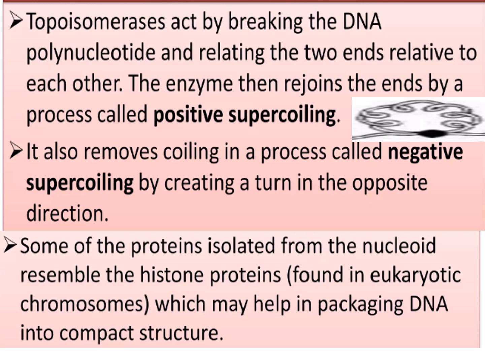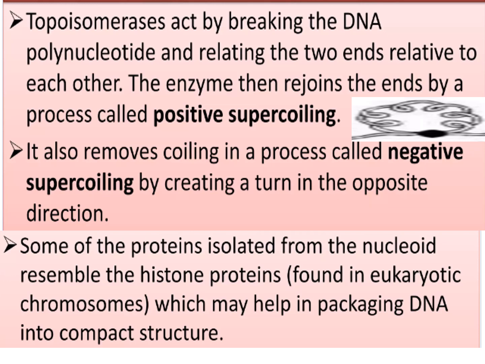There are two different kinds of supercoiling. One is positive supercoiling: one enzyme breaks and rotates the two ends relative to each other, and another rejoins the ends, introducing positive supercoils. They are telling about the turns in the DNA.